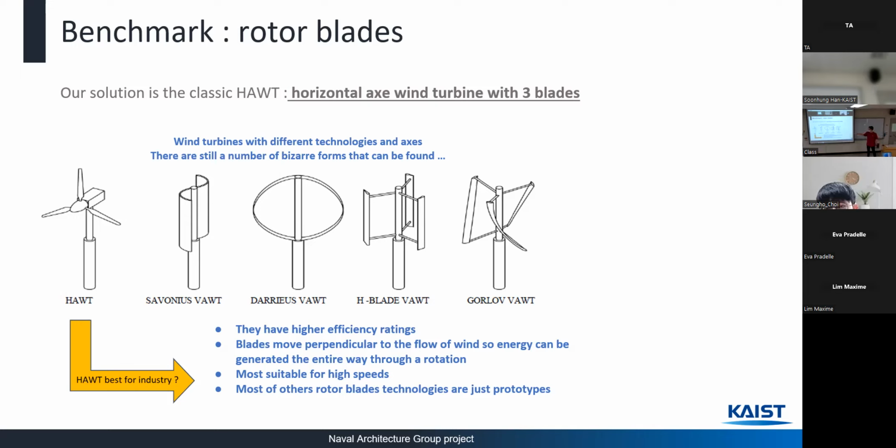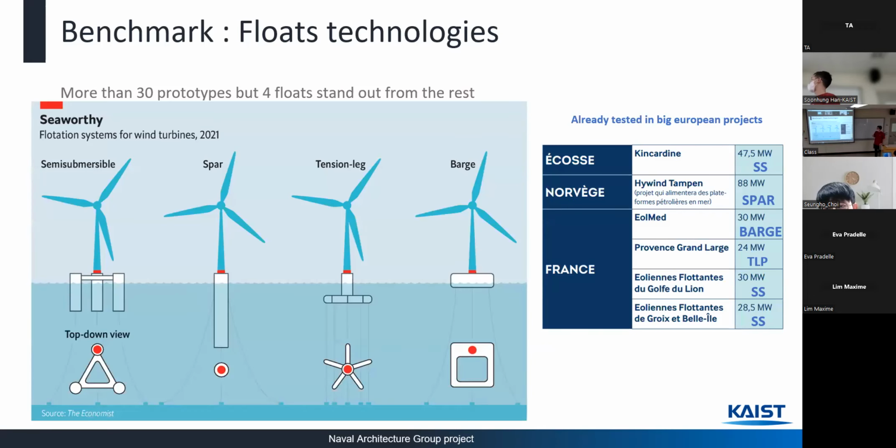The blade moves perpendicularly to the flow of wind, so energy is created through rotation, and it's most suitable for higher speeds. The other types are mostly prototypes, they are less efficient, and they mainly reduce noise. Since our wind farm is in the sea, we don't really care about reducing its noise.